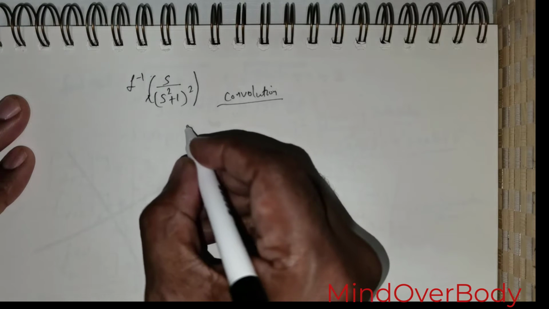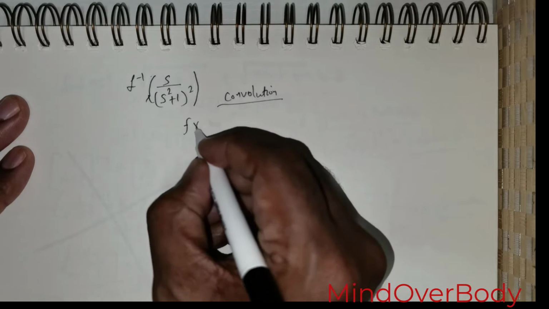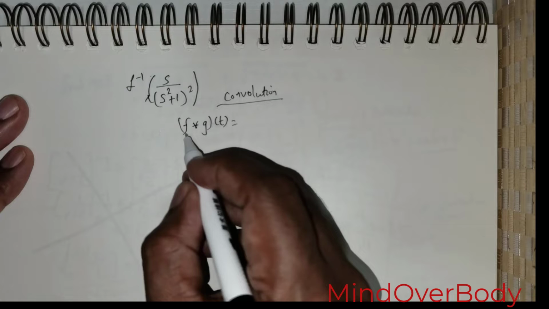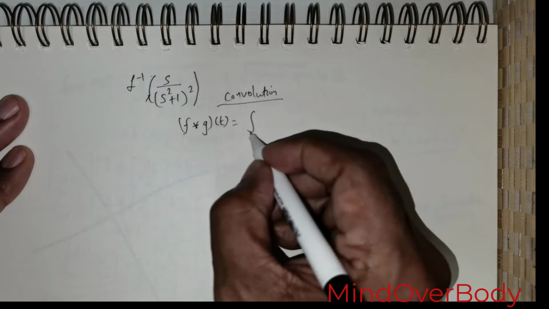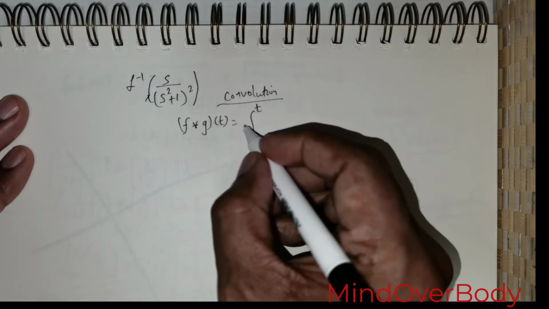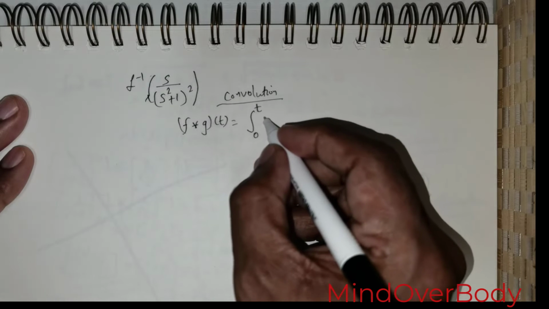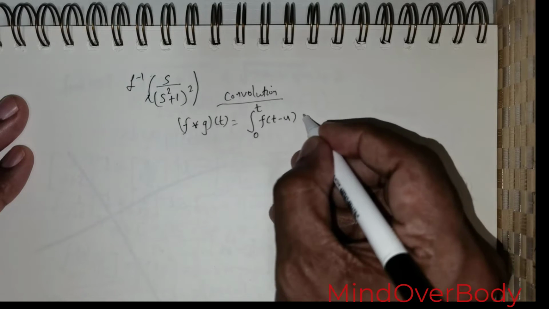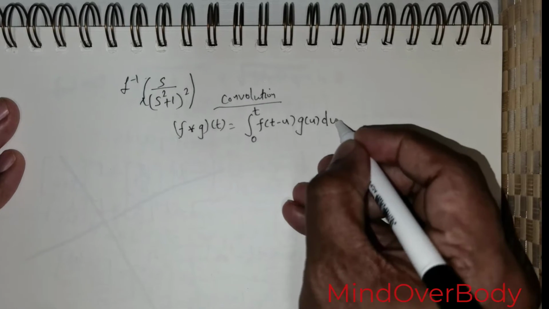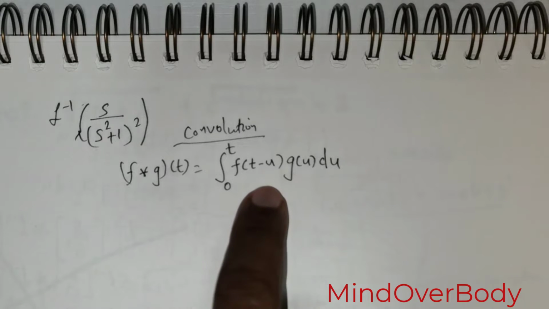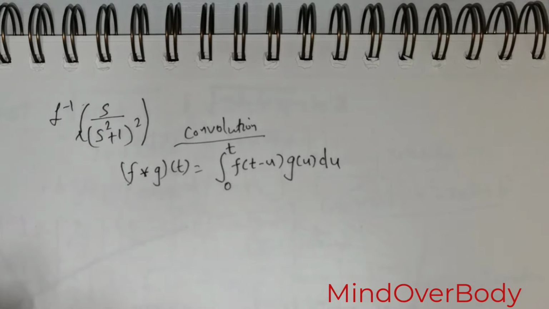Just to have a recap, if you have two functions and you are convoluting them, then the convolution of f star g of t is represented as the integral from 0 to t of f of t minus u times g of u du. Since convolution is commutative, you can also have the reverse of this, which I've already explained to you. So for this question, I would be using this convolution to obtain the solution.